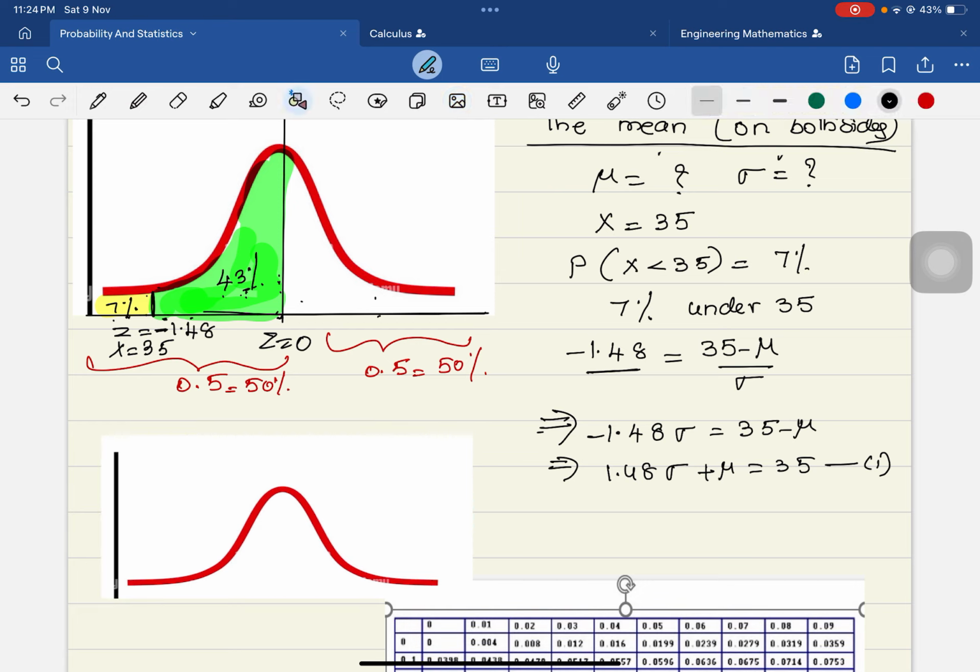So now under the value 63, there is 89%. So how can we draw that? That can be drawn like this.